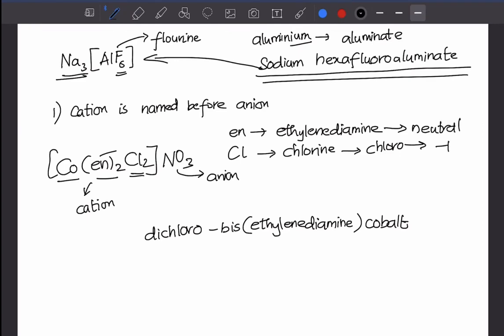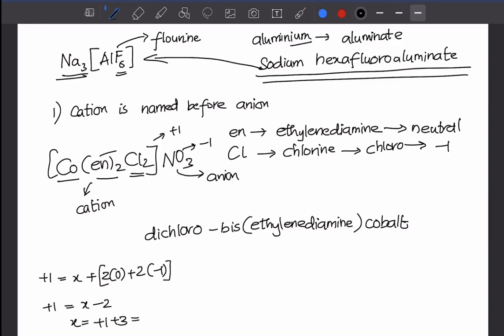The nitrate has -1, so the complex cation is +1. So +1 is equal to X plus 2 times 0 plus 2 times -1. So X minus 2 is equal to +1, so X becomes +1 plus 2, which is +3.